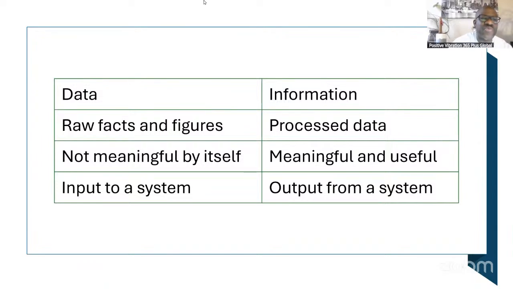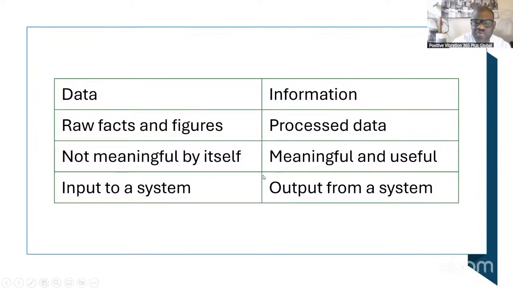Let's think about your program. Maybe you entered a few numbers and then you wanted to find the sum. So information is usually outputted. So the output of that program becomes information because it is saying that the sum of the two numbers that were entered is XYZ. So that now becomes information.